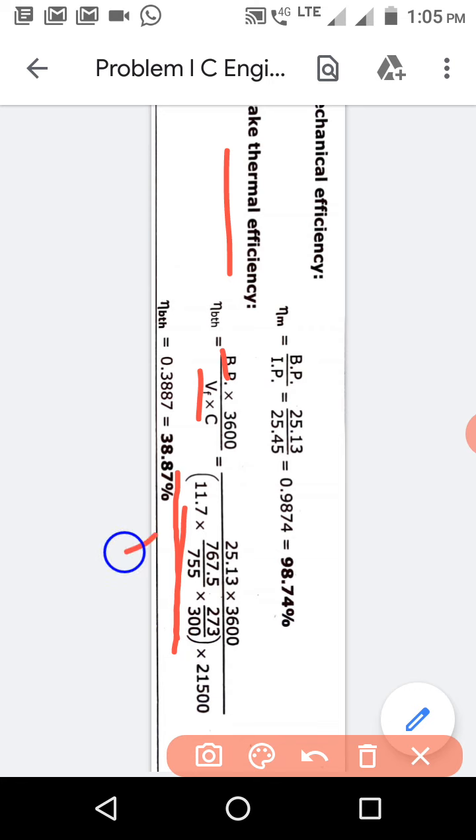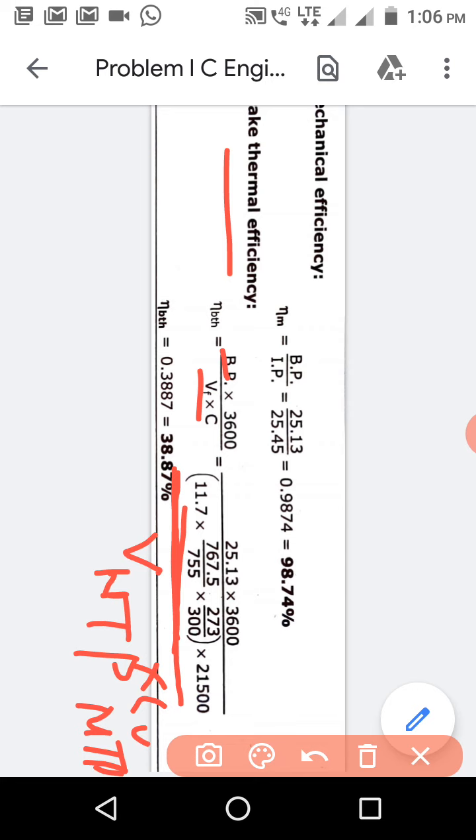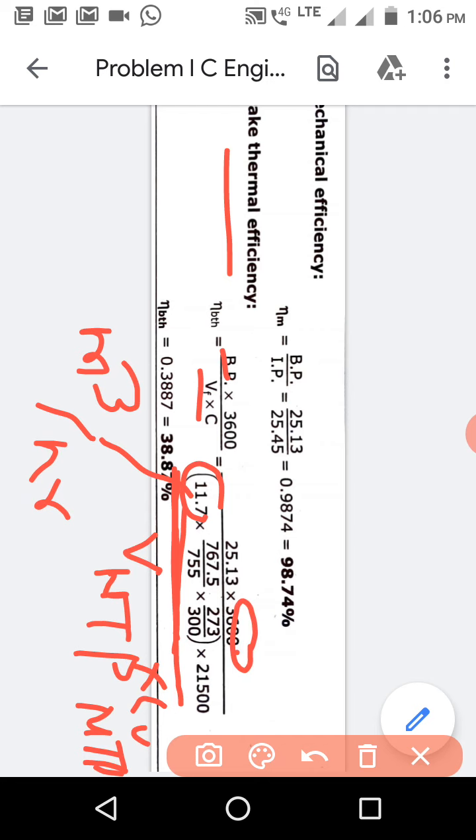So we got the volume at NTP, and we are multiplying with the CV at NTP, and with the help of this we got the heat supplied by the fuel. As this 11.7 is given in meter cube per hour, we are using this 3600 over here.